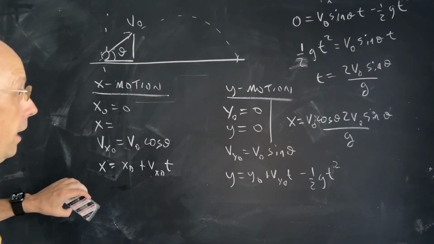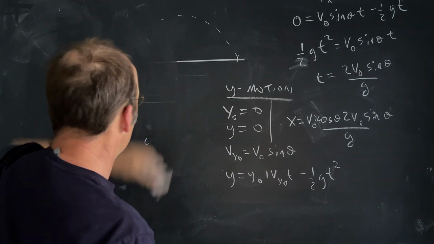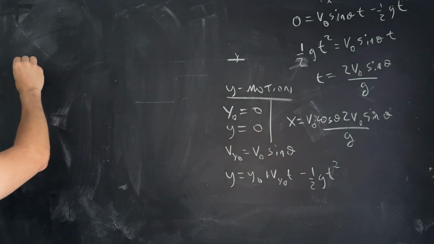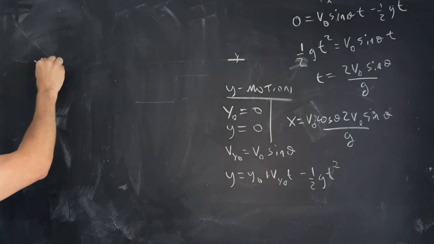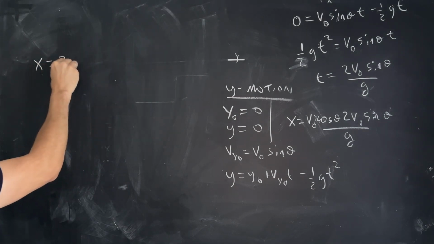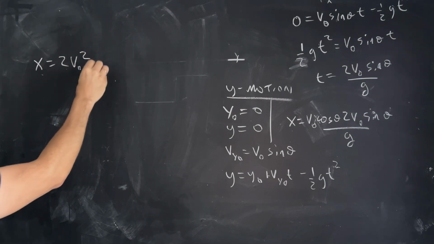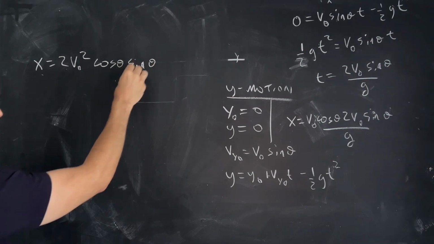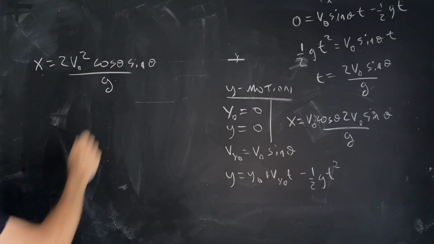So let's just go ahead and simplify that. x equals 2 v0 squared cosine theta sine theta over g.